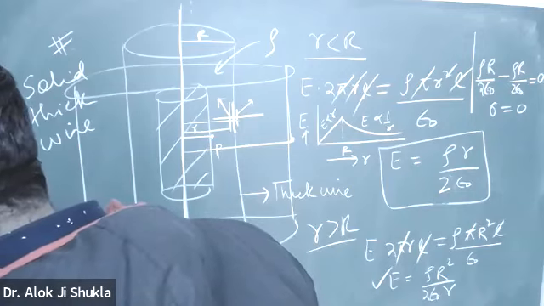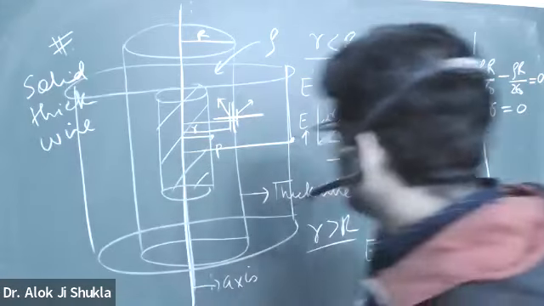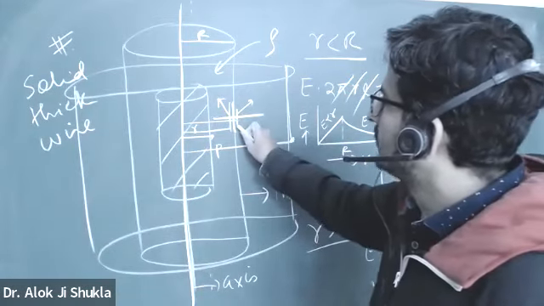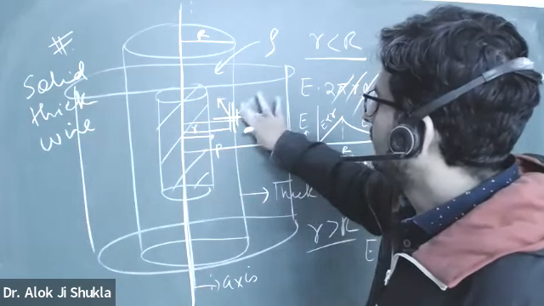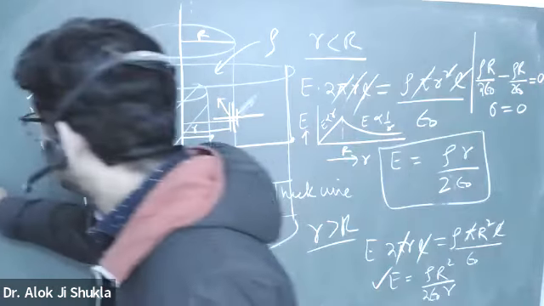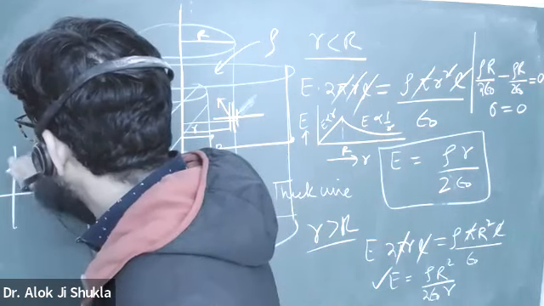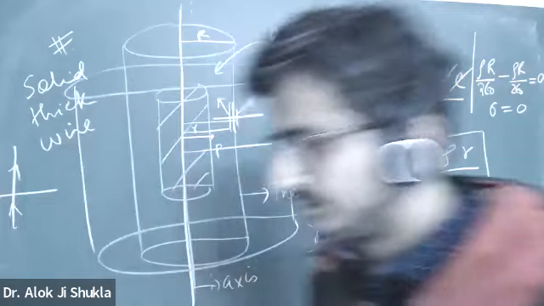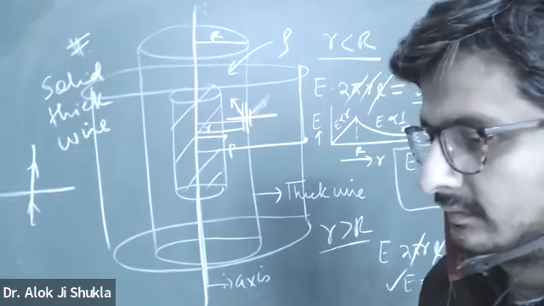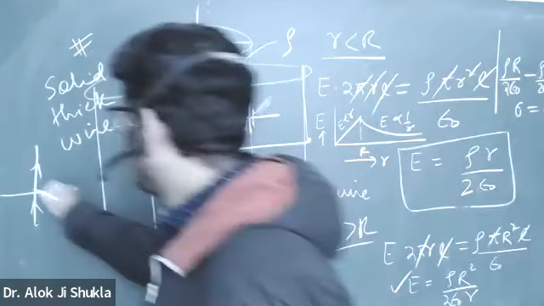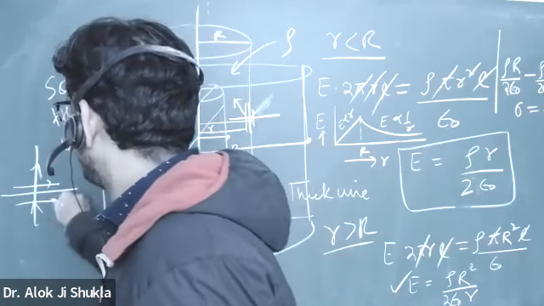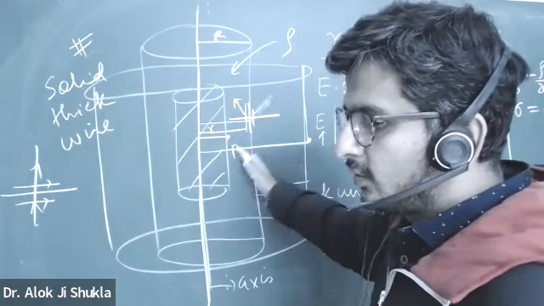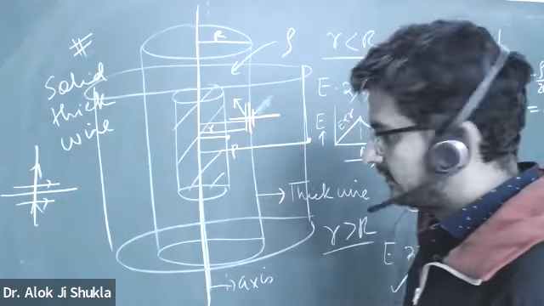Sir, how will the parallel one come? I mean, we have to find it. So this is perpendicular to the surface, and parallel to the surface means, see, this is the surface. Perpendicular means the field this side, and parallel means the field this side, this side. Because there is no parallel field here, 0 minus 0 is equal to 0.